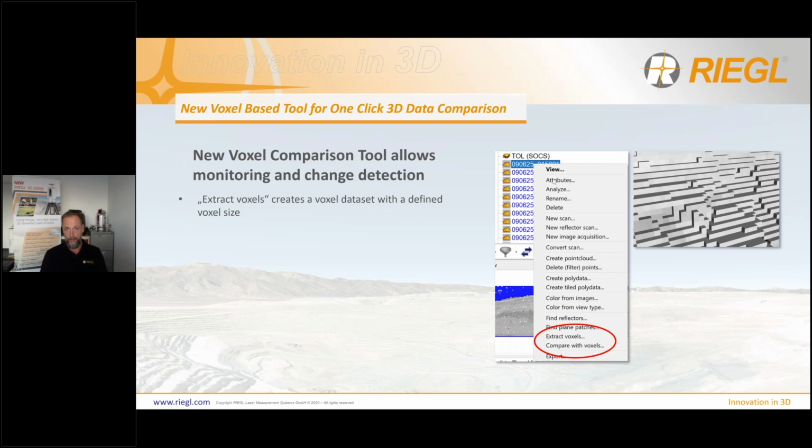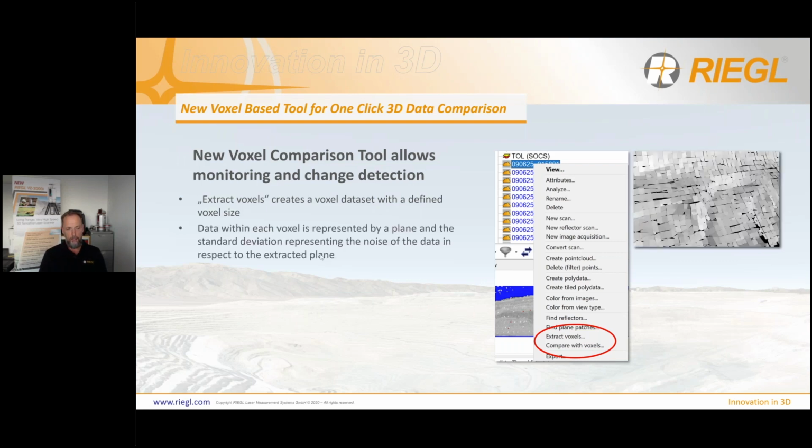First step is we select a scan and extract voxels with a defined voxel size. You can define this yourself depending on the application. So you select extract voxels, it's creating this voxel data set, and within each voxel, we are analyzing the scan data.